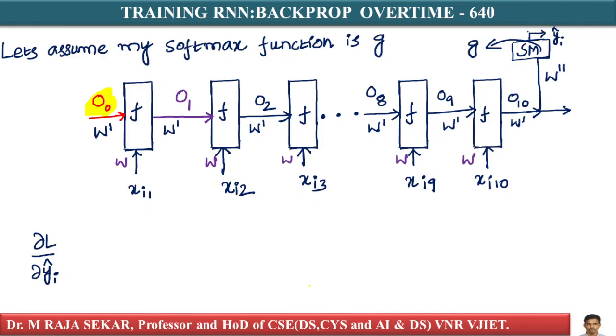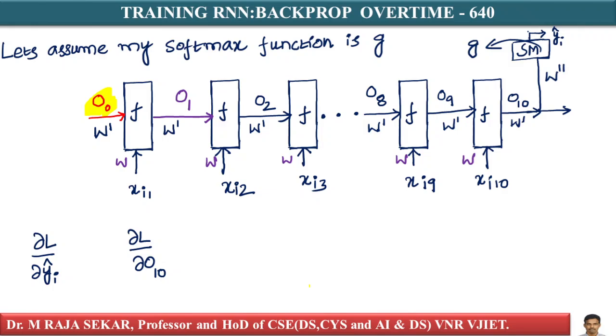What is my L? L is the loss function. So I can compute the derivative of this loss function with respect to yi cap. So the first thing I will do is dou L by dou yi cap. Now if I get this, I can compute the derivative of my loss function with respect to output O10.